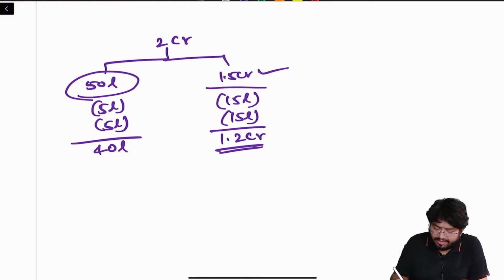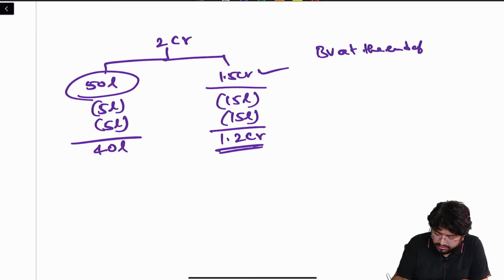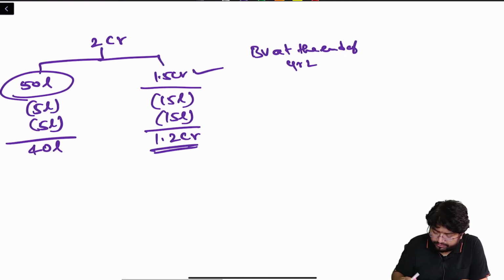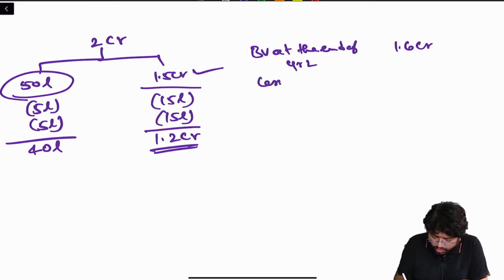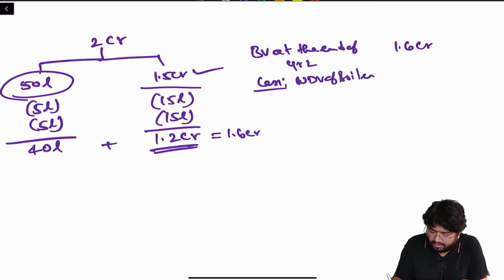That means book value at the end of year 2 is going to be 1.6 crore, which is nothing but 1.2 plus 0.4. From this you are supposed to deduct the WDV of the boiler, 0.4 crore.